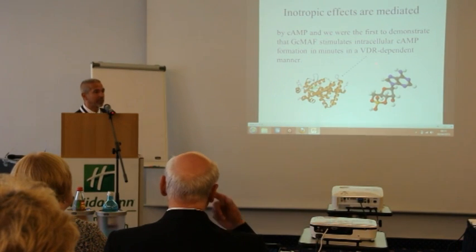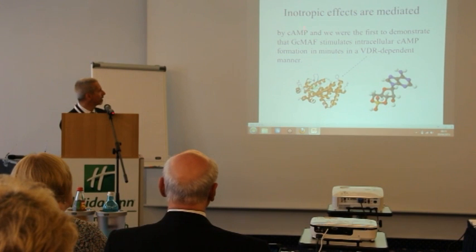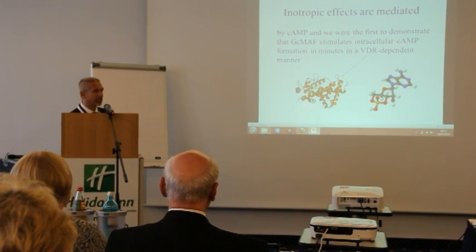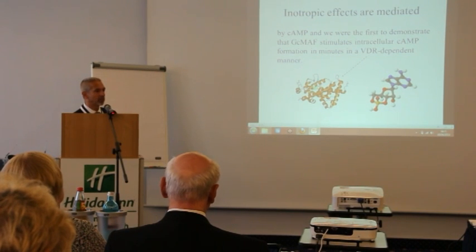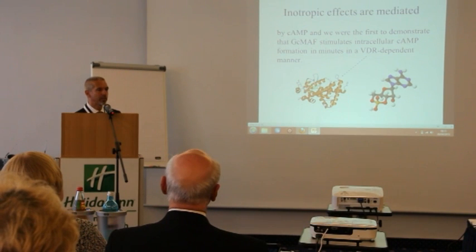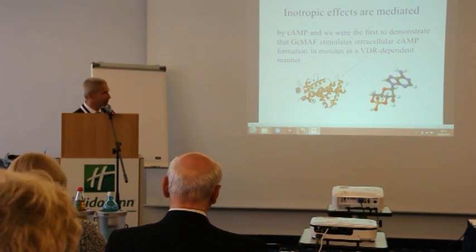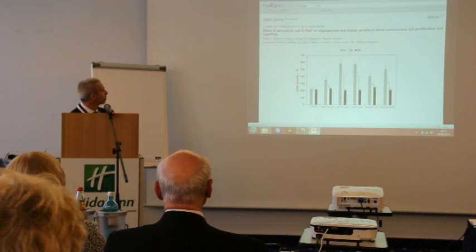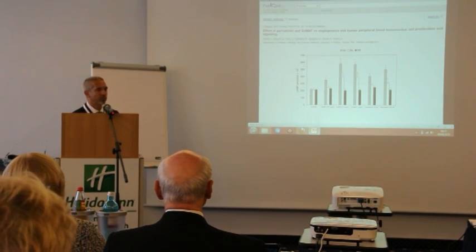These effects are mediated through the formation of a second messenger called cyclic AMP, and we were the first to demonstrate that through its interaction with the VDR, Gcmaf stimulates the formation of cyclic AMP within seconds inside the cells in a VDR-dependent manner. This paper was published in 2012 by our research group in the Journal of Nephrology, and it demonstrates two things.